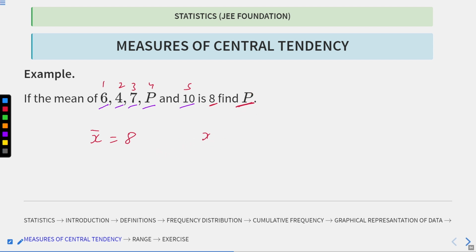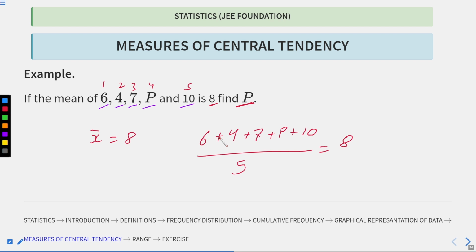By using the formula, x1 plus x2 plus x3 plus x4 plus x5 divided by 5 is equal to x bar. We know x bar is 8. We know x1 is 6, x2 is 4, x3 is 7, x4 is p, and x5 is 10. I hope all are clear.